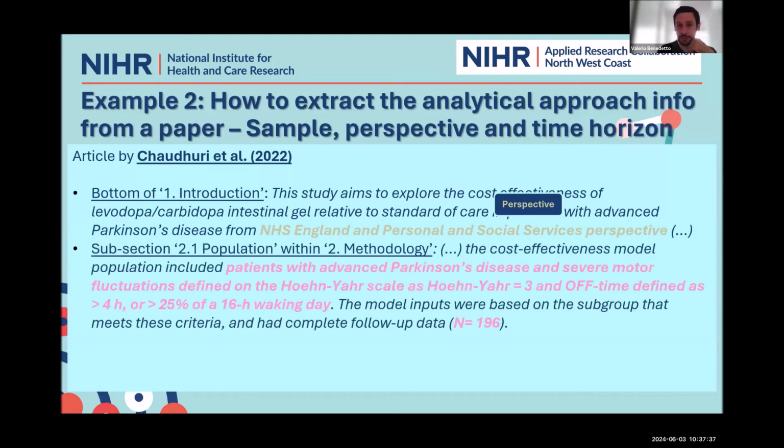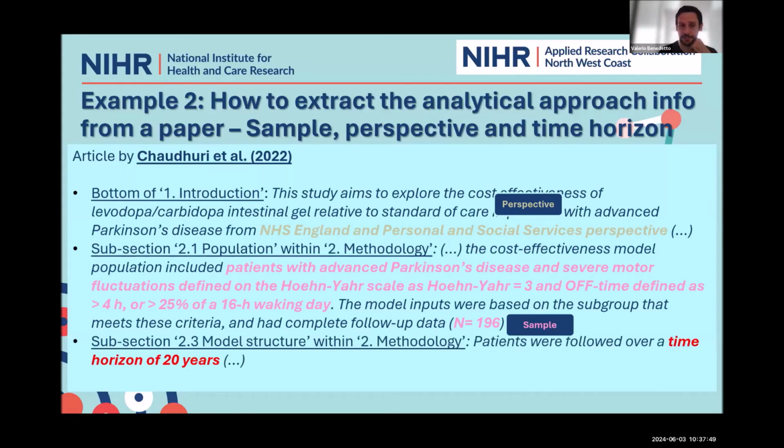We also found information about the sample within the methodological section: the characteristics of the participants in the study and also the sample size. And again, within the methodological section, we found information about the time horizon, here a quite long time horizon of 20 years.